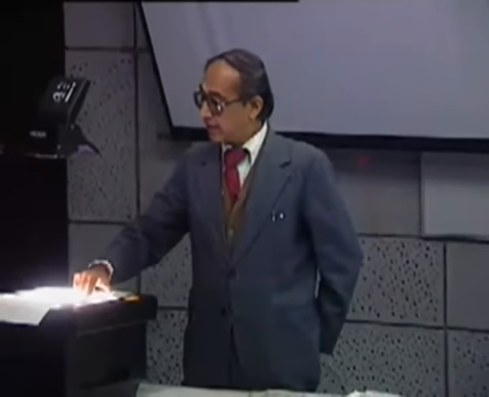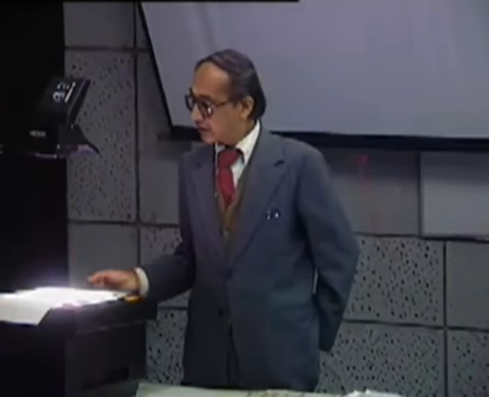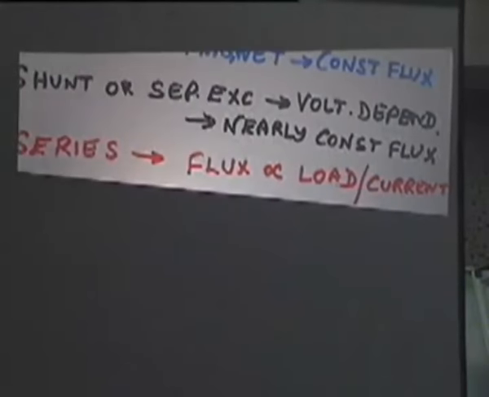the flux that is in the series winding is proportional to the current in the armature or is proportional to what we call the load current or the armature current. Therefore, we have the series winding of this configuration. Now, once you have the shunt and series, you can combine them together and you call it a compound machine.